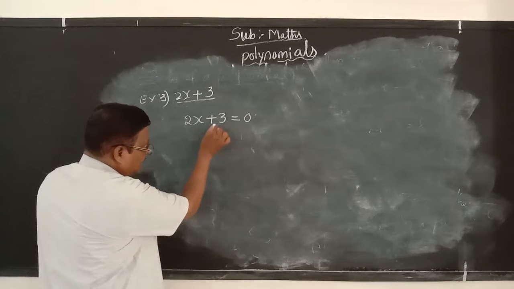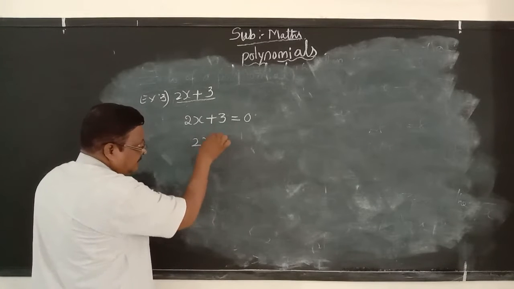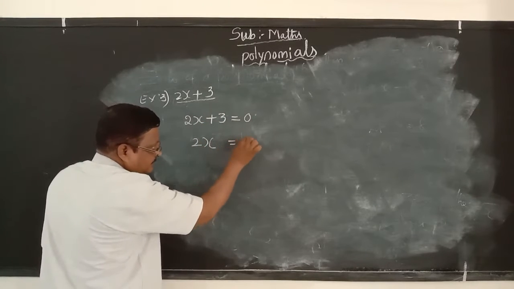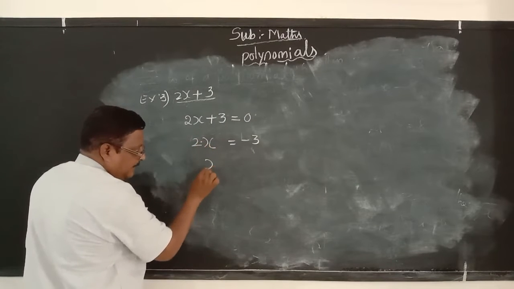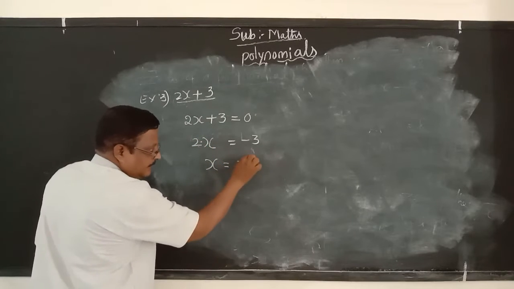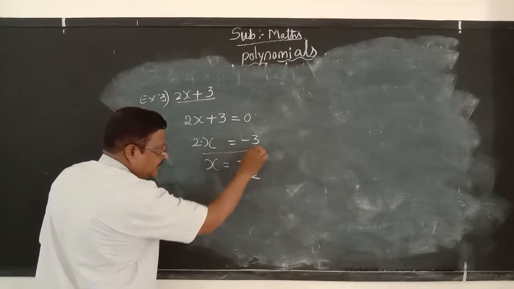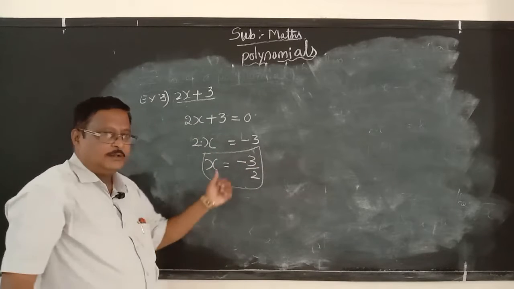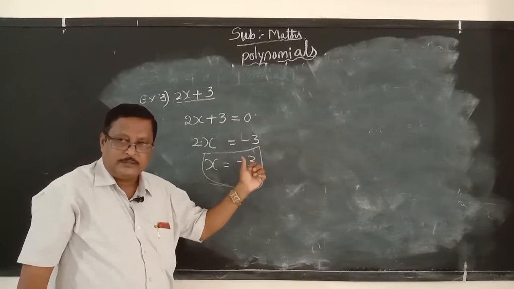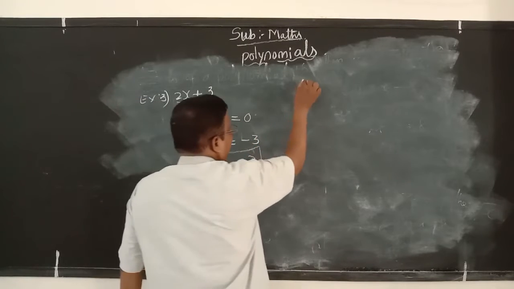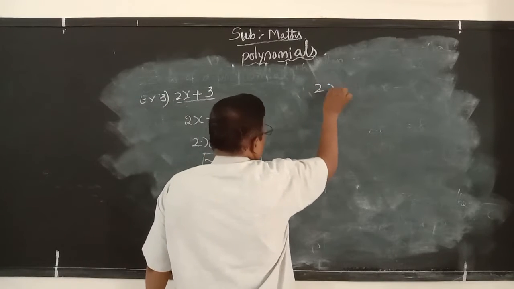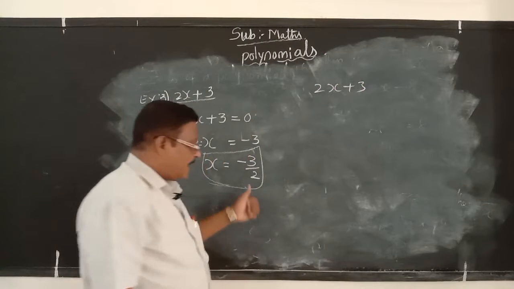Next, here 2x as it is, this plus 3 comes to this side as minus 3. Here 2 and x, in between them a multiplication sign is there, it comes to this side as division. This is the x value. For this value, the polynomial is equal to 0. Check this one: 2x plus 3. What is the assigned value for x?